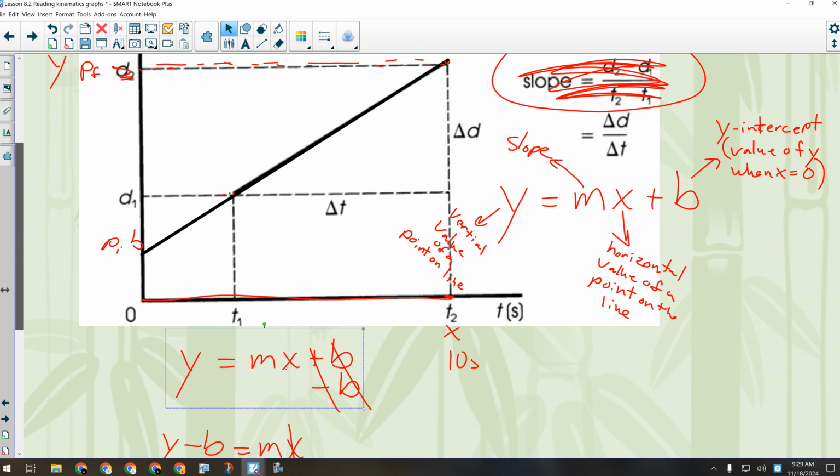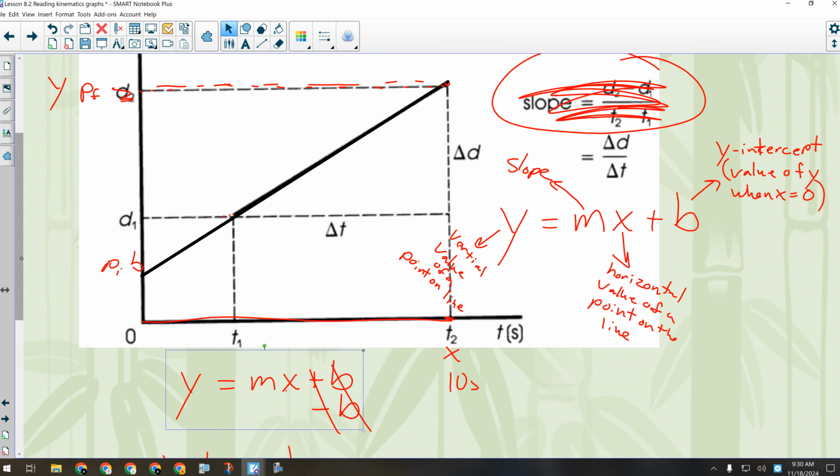Just algebra, but I can do it. So we use y equals mx plus b a ton, because it's easy to manipulate, way easier than the other one, and it calculates more. We can do more with it.